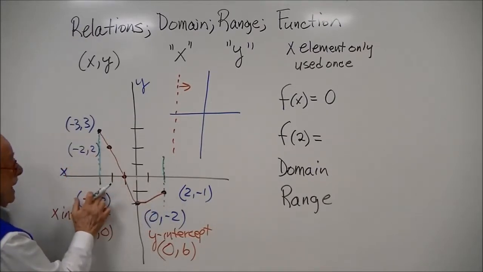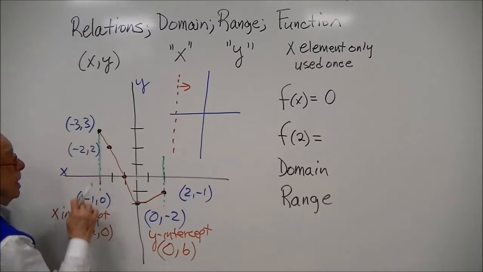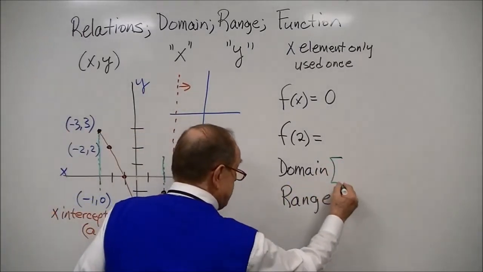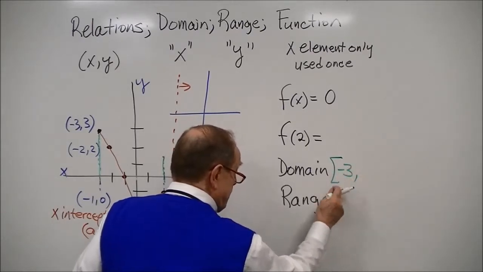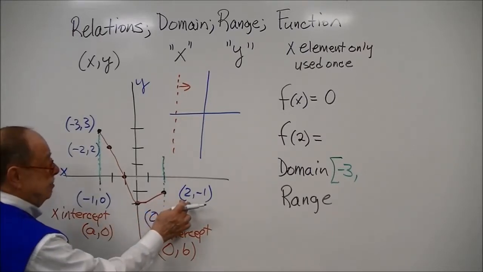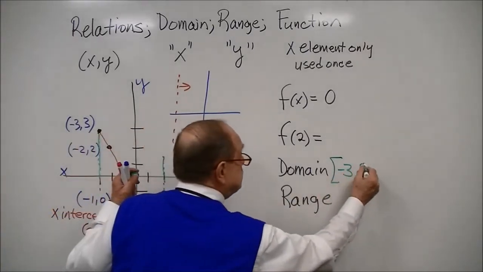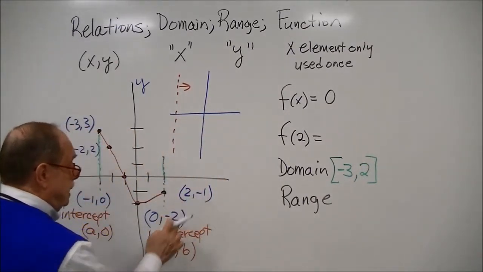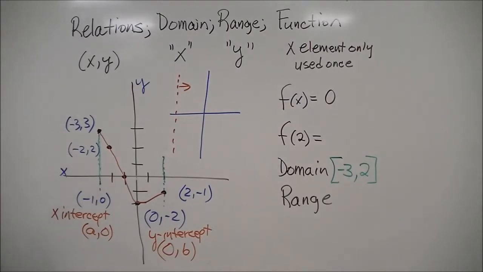Well, they start at -3. That's this point right here. So the domain, we say, starts at -3. We use a bracket to indicate that -3 is part of that number set of this domain. And it ends at +2. And again, we use a bracket to indicate that the 2 is included in the domain.